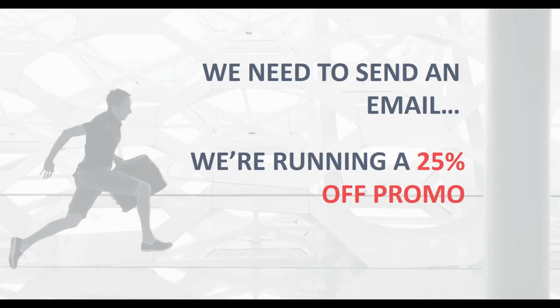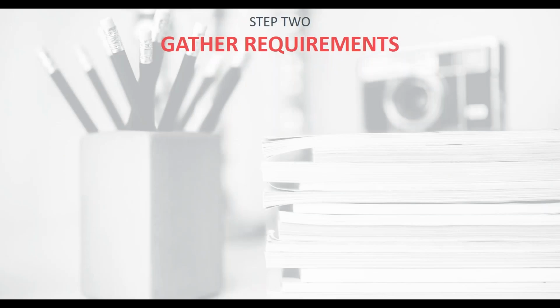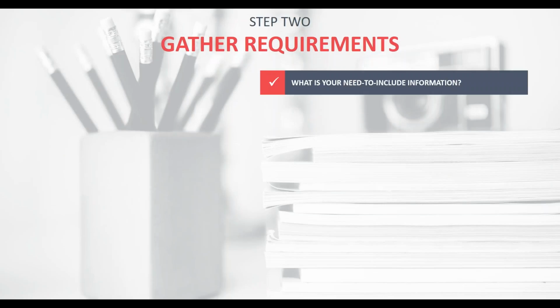So when you hear this, if you've already established what your goal is going to be for your next email, let's pretend that in this case our goal is to generate revenue. We're going to say, okay, the goal is to generate revenue, we're going to be running a 25% off promo. So what is the critical information that needs to be included for this email?